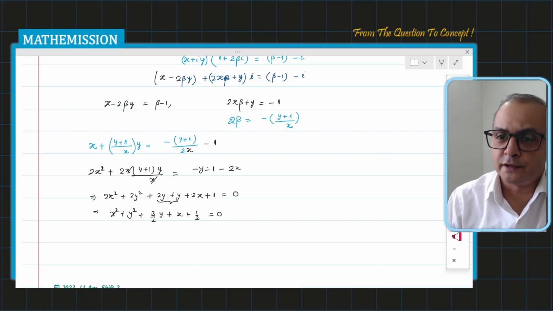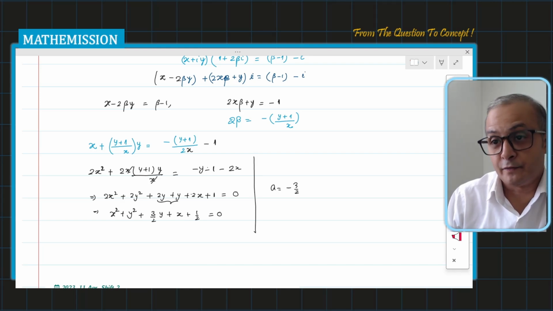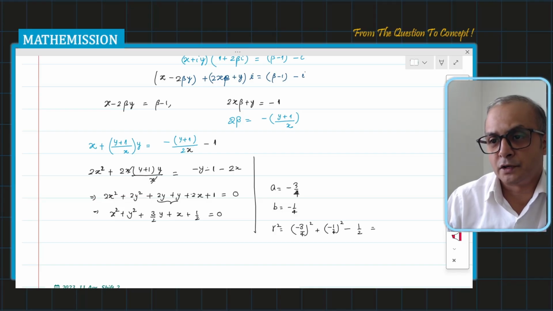So to find the center, that is the a coordinate, will become negative 3 by 2, negative 3 by 4 rather, and the b coordinate is minus 1 by 4, and the radius square is going to be minus 3 by 4 square minus 1 by square, and minus, will give you 9 by 16 plus 1 by 16.